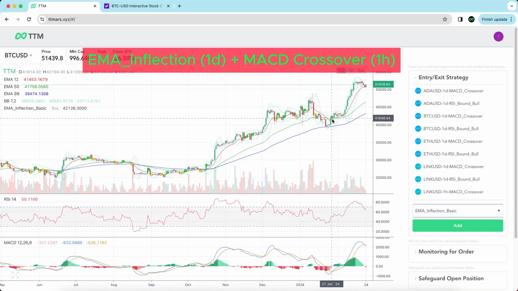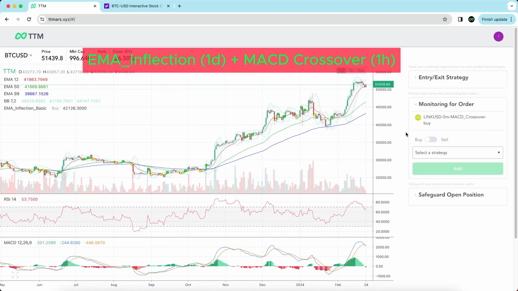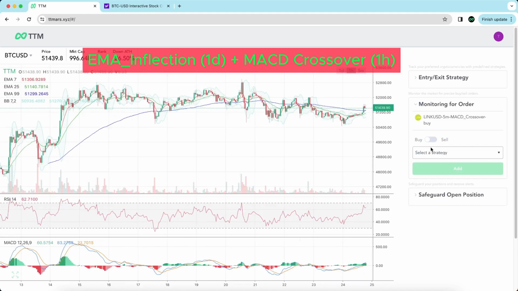If you decide this is a good entry point, then you can use the monitoring for order panel and go to a small interval, the 1 hour interval here, and select the MACD crossover strategy to monitor the 1 hour interval price chart. You'll receive these green dots, and once you are certain this MACD crossover point is above the previous bottom region, then it's a good point to enter the market.